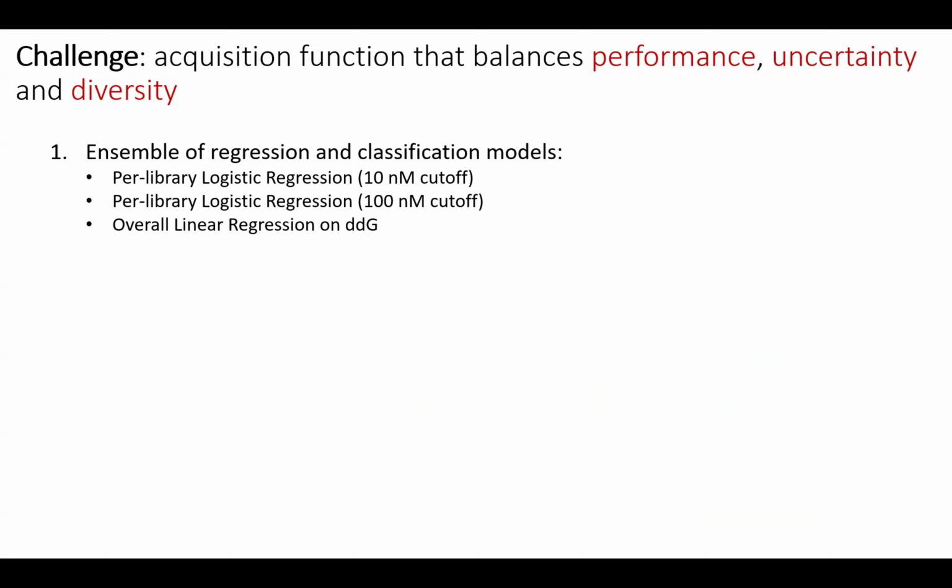And the first thing in that is that instead of building one scoring function, you build an ensemble of scoring functions. So for example, you can build a regression scoring function, which is built based on delta delta G, or you can do cutoffs on your KD, and you can have classifiers. So you build an ensemble of models, and then you generate a whole bunch of candidates. And this is the power of these language models, that you can basically generate 1 million candidates and work through this.